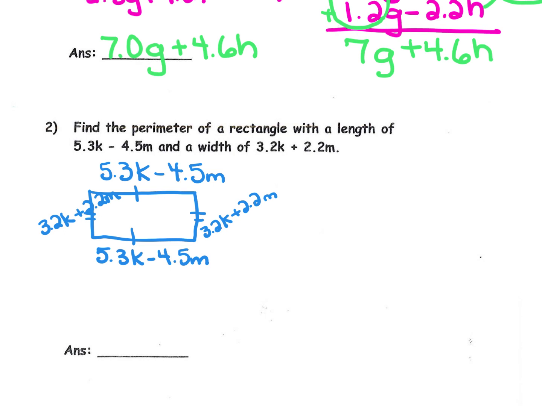In number 2, it states, find the perimeter of a rectangle with the length of 5.3k minus 4.5 m and a width of 3.2k plus 2.2 m. Take a moment to draw your rectangle and label all the sides. We know we have to do a stack and combine to find the perimeter of this particular rectangle.